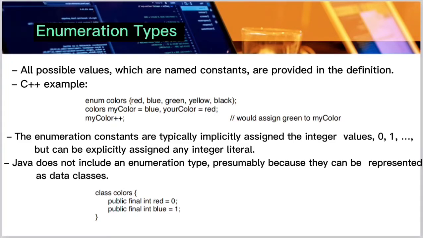C++ example: enum colors {red, blue, green, yellow, black}; colors myColor = blue, yourColor = red; myColor++; The enumeration constants are typically implicitly assigned the integer values 0, 1, and so on, but can be explicitly assigned any integer literal.